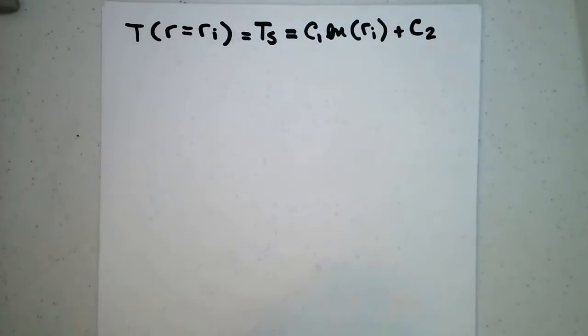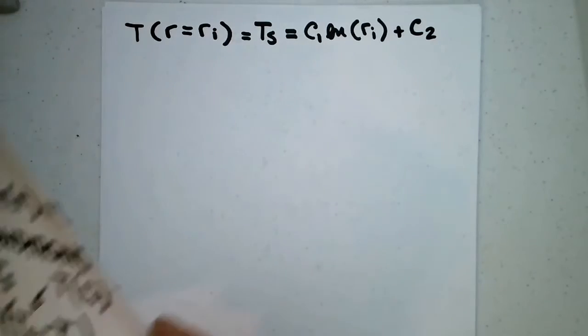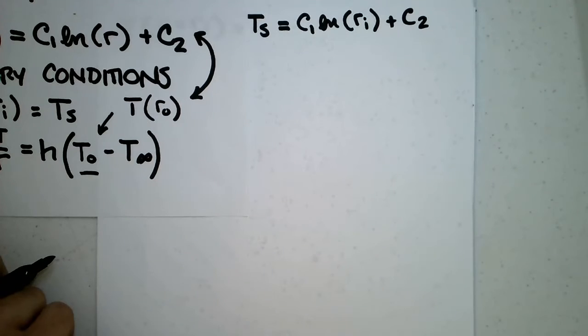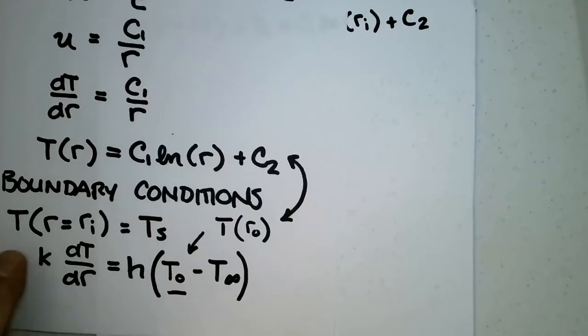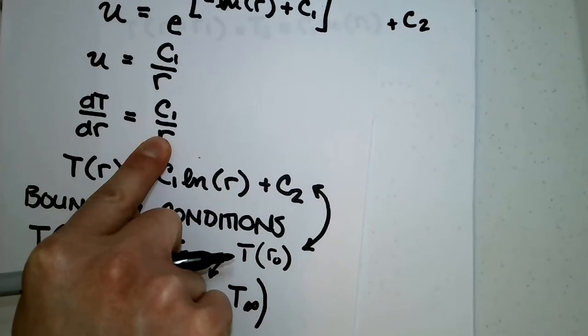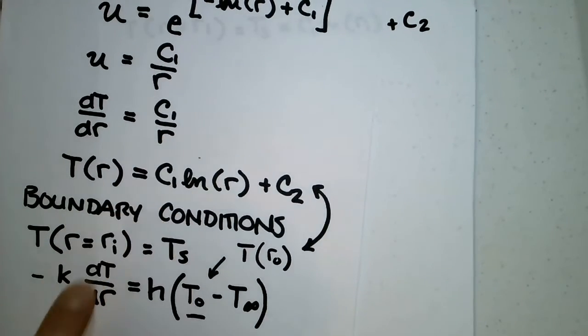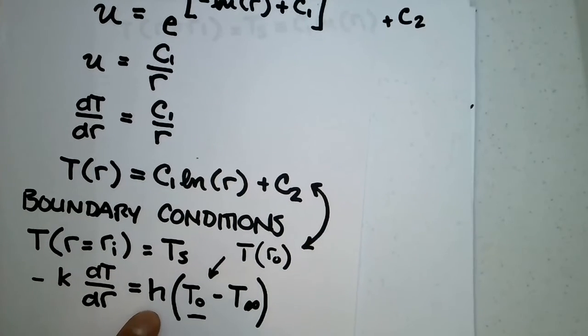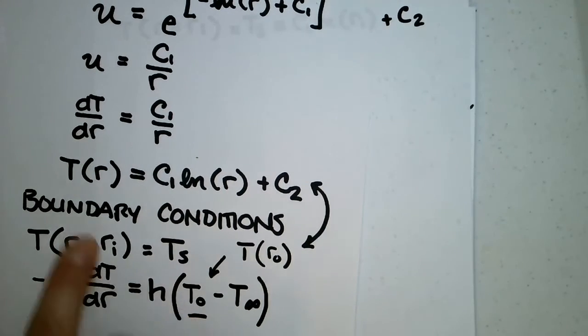The other boundary condition that we have here is negative k dT/dr. So actually, I'm going to cheat a little bit, and I already know what dT/dr is. It's up here. So negative k times C1 over R equals h. We need to evaluate this.